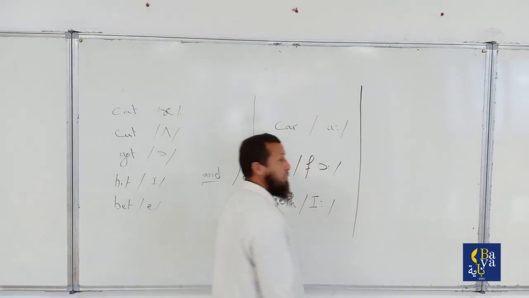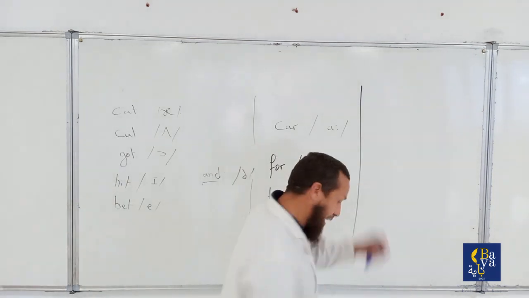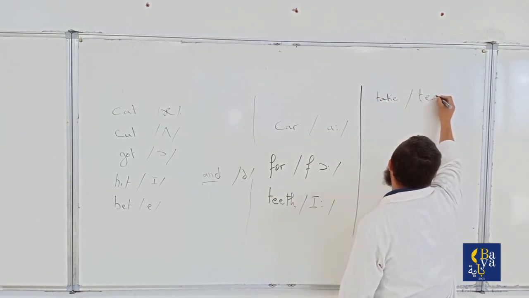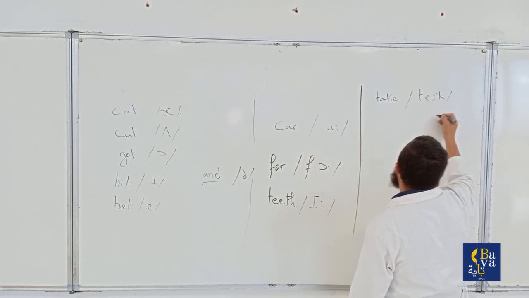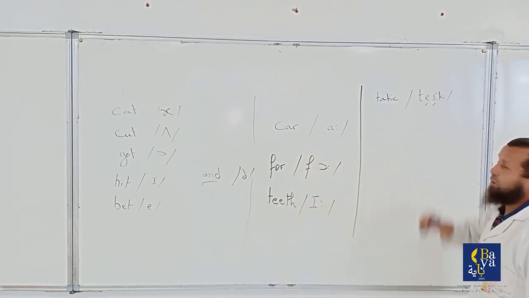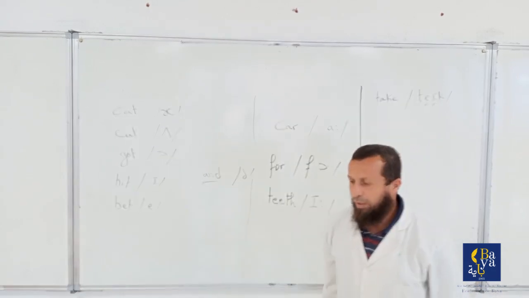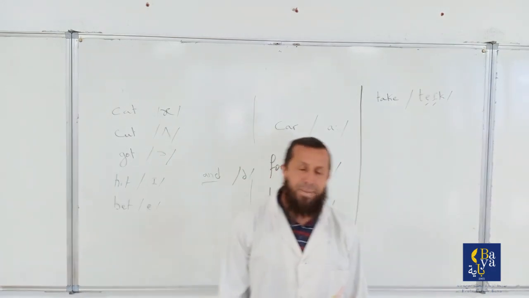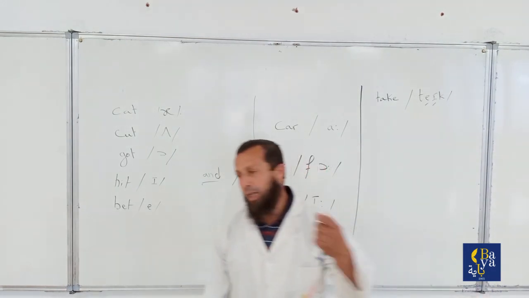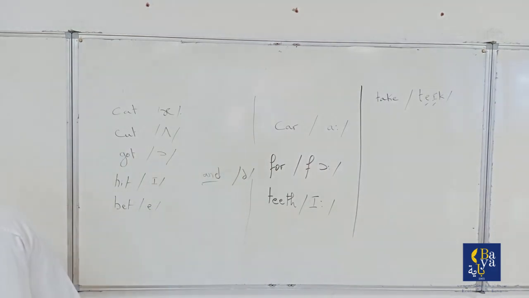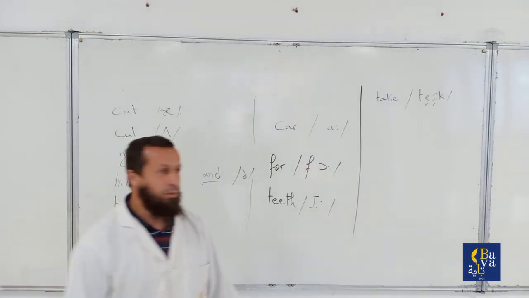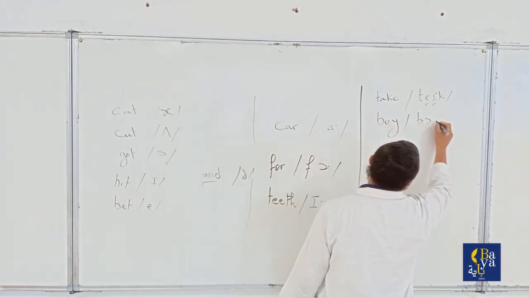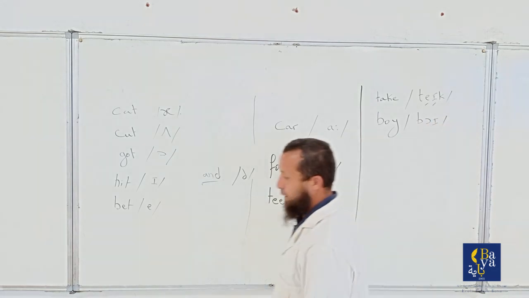If we take the example of take, here we have make, take, play. We have boy, B-O, like this: boy, toy.